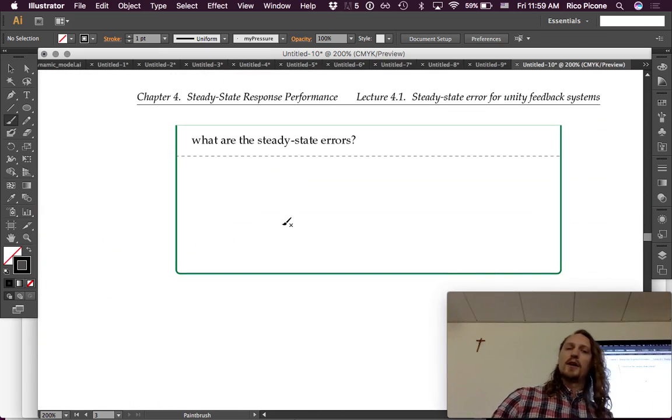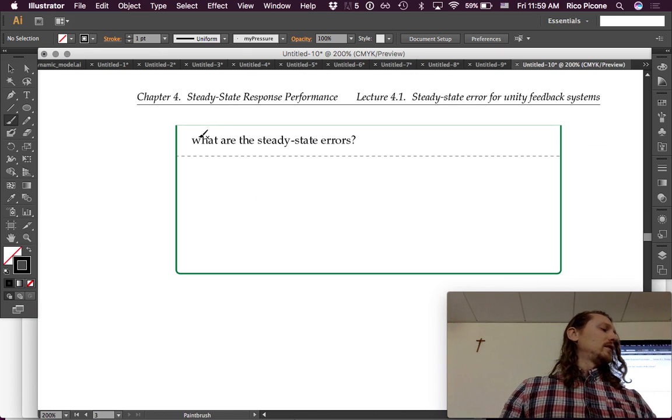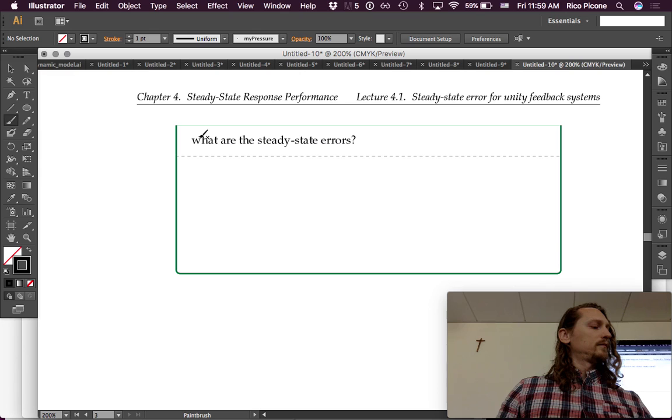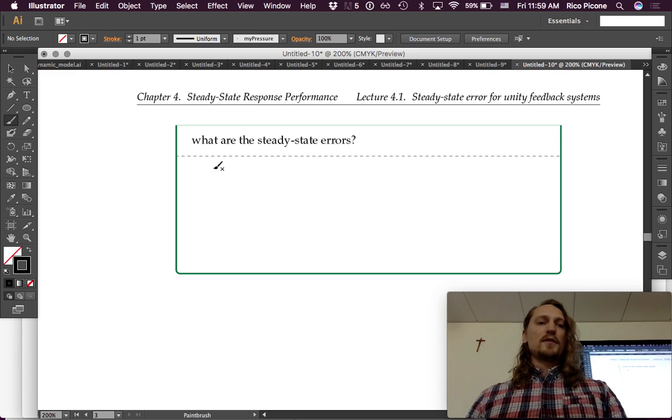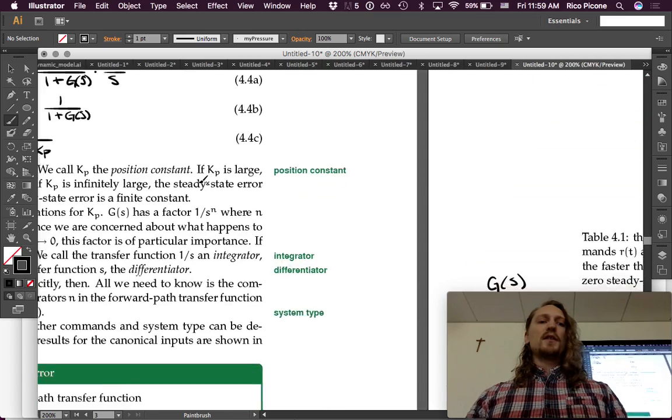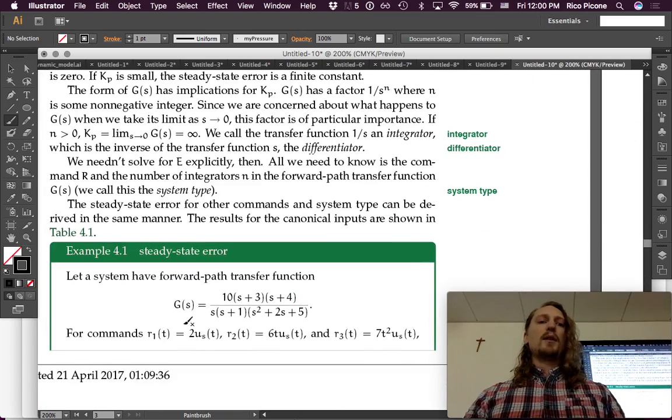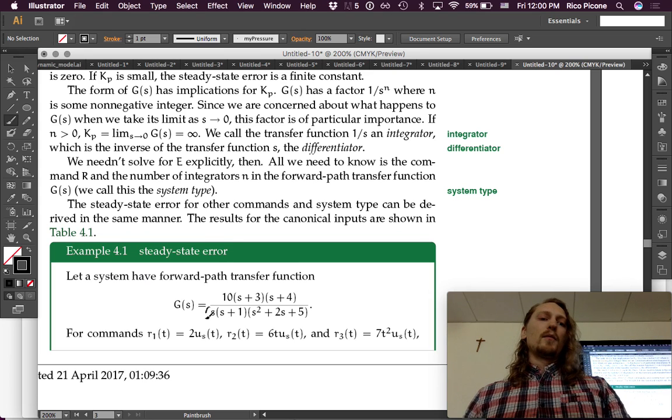So, for R1, I didn't print this off, so let's just do it. We said it's a type what system? It's a type 1 system, so 1 integrator.